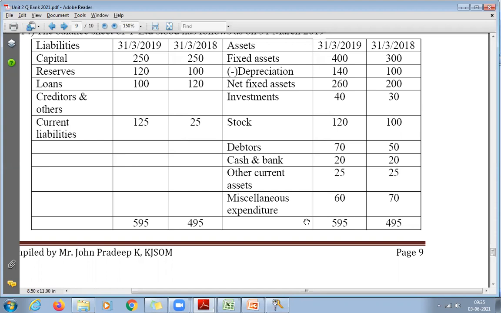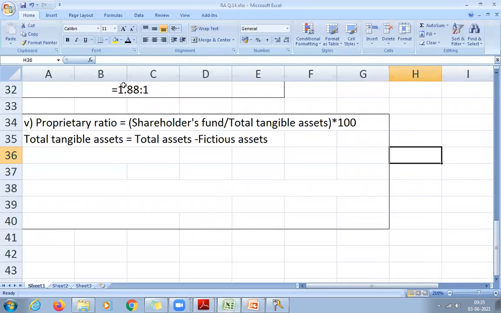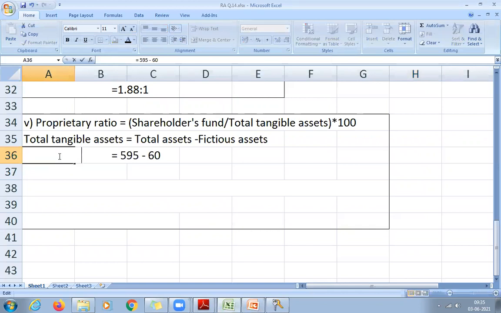If they're given, you have to minus that also. Here we have only miscellaneous expenses, 60, which we deduct from total assets. So 595 minus 60, how much will you get? 535. 535 is the tangible assets.